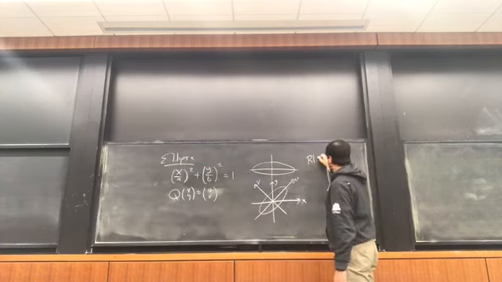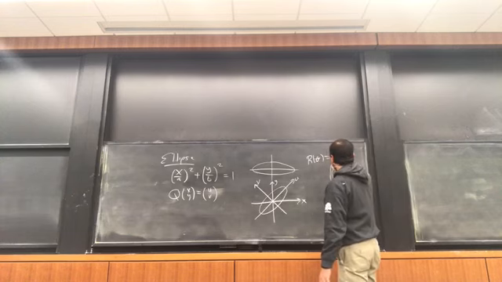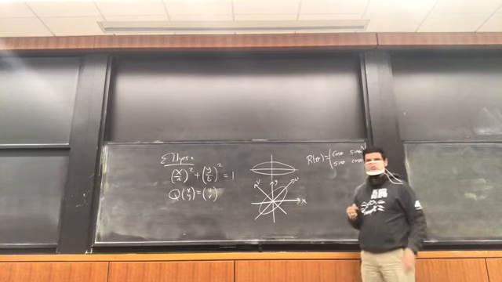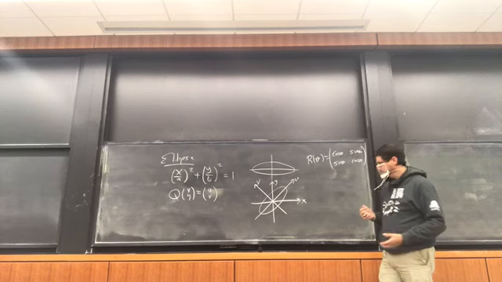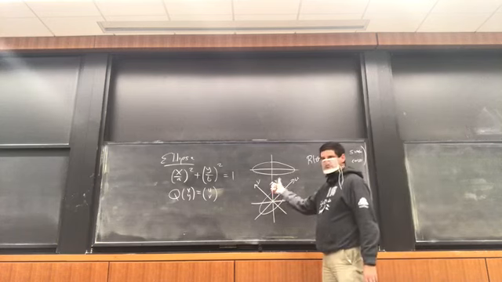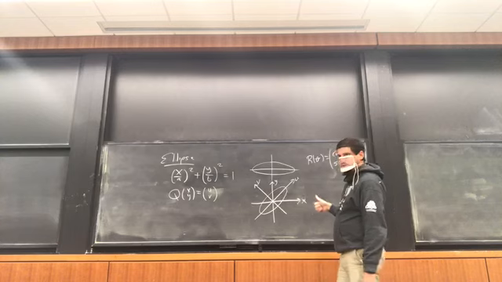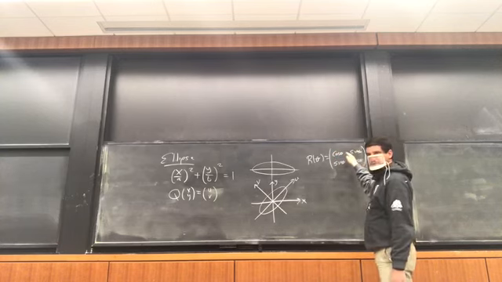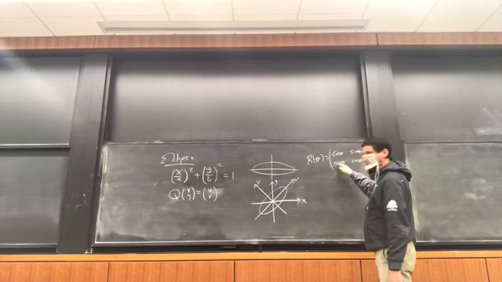So R of theta is cosine theta, sine theta, sine theta, cosine theta. And I know this is wrong. I have to choose where I want to put the minus sign. If I want to rotate by 90 degrees, I want a point on the x-axis to go to the y-axis. So when theta is 0, I would have a 1 over here, and I would have a 1 over here.